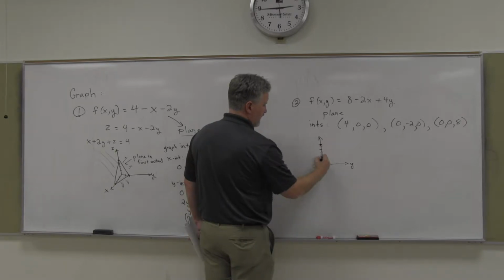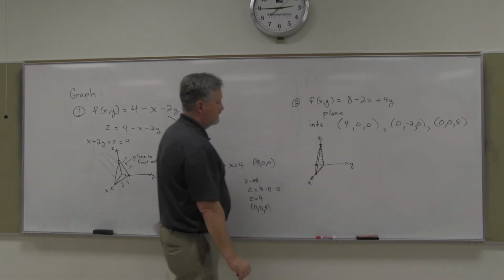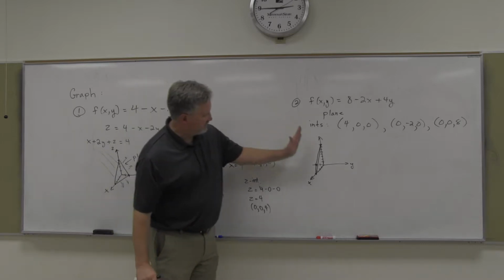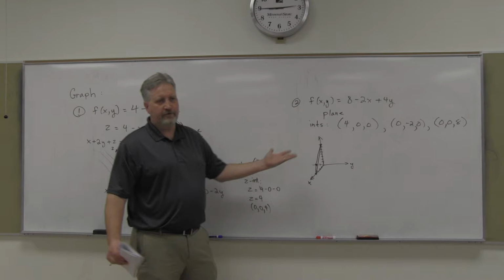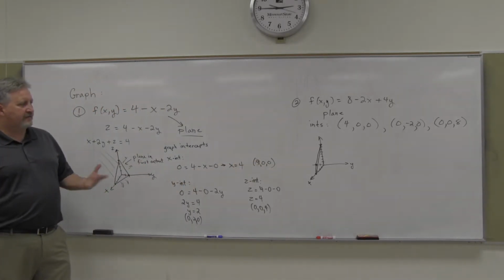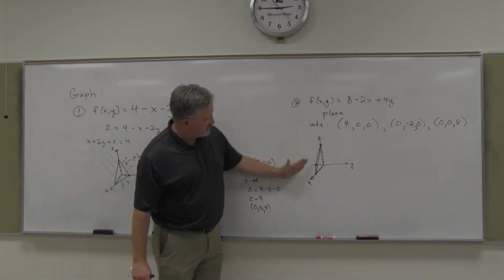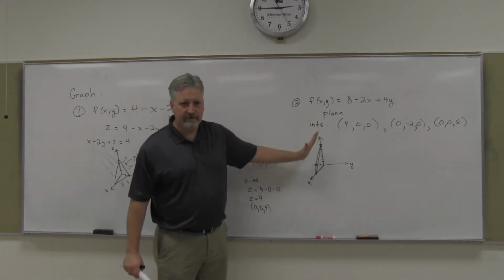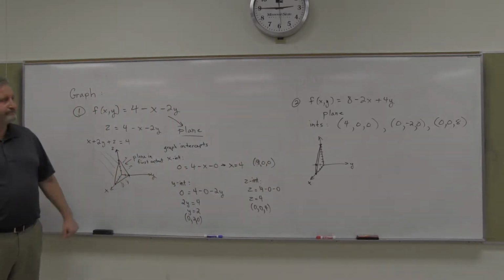Actually this one wouldn't be in the first octant. But you can see the little triangle, the angle of it, and that gives me one part of it. It's at a different angle than the other one, right?